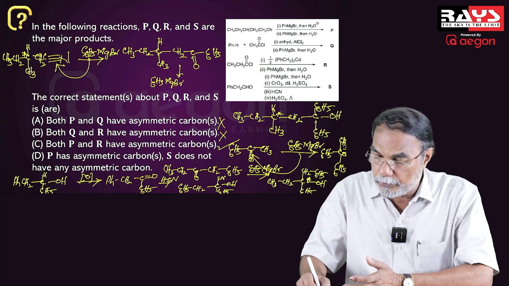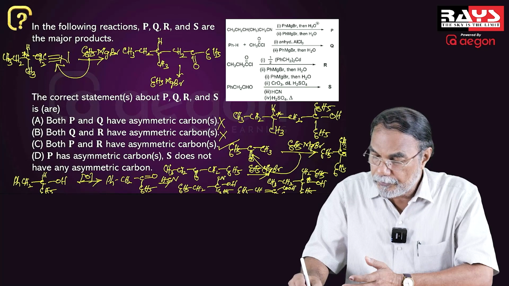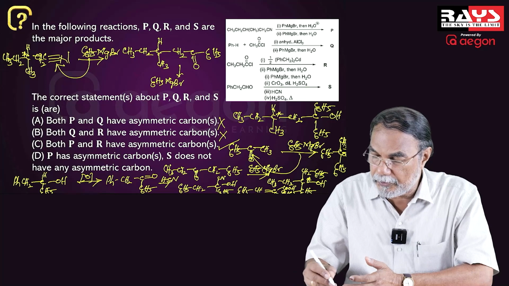So the product of the reaction S is C6H5, CH, double bond C, with the COOH group, and you have C6H5. Okay?